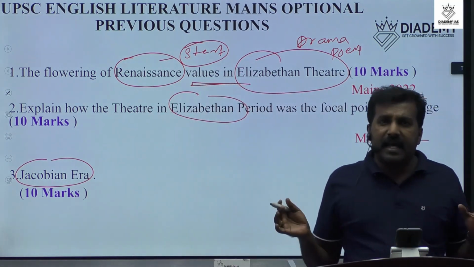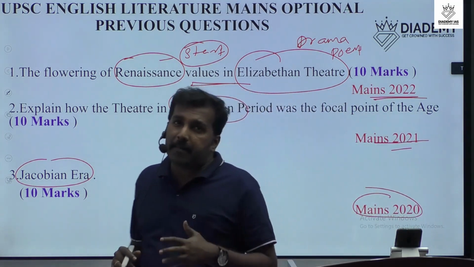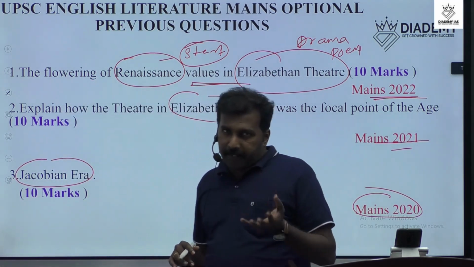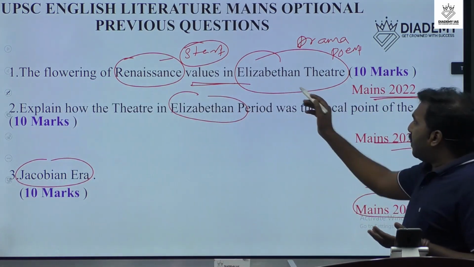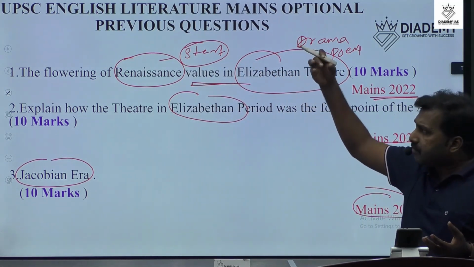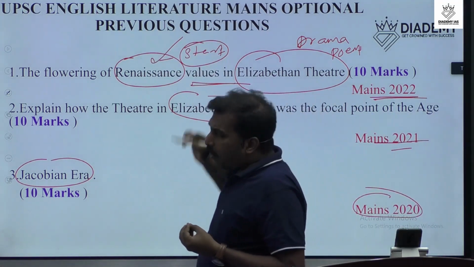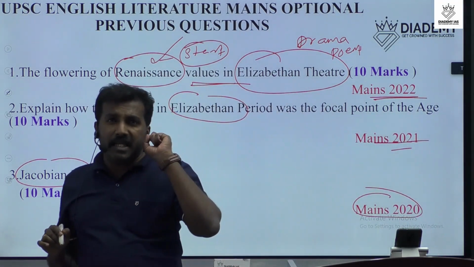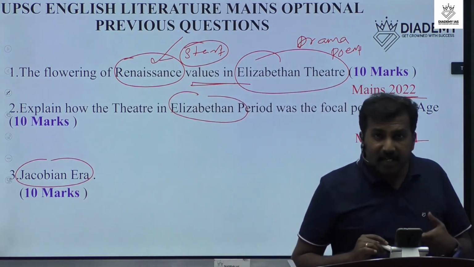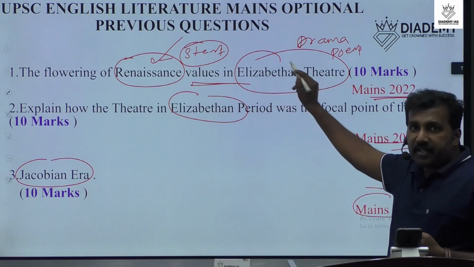We already said that the Elizabethan age is the age of drama or plays and the age of poetry, right? So how did the Renaissance period influence the works of Elizabethan literature? That is the meaning of this question.